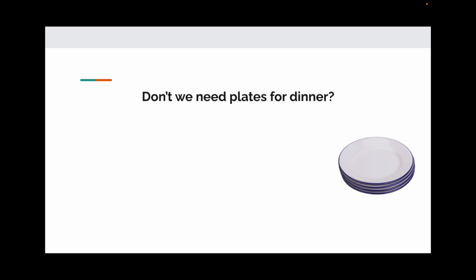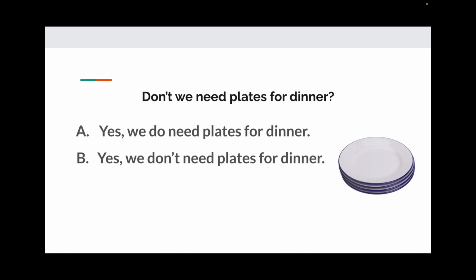Here, the person is not being literal. They really mean, do we need plates for dinner? Because they're confused or surprised. Yes, we do need plates for dinner.